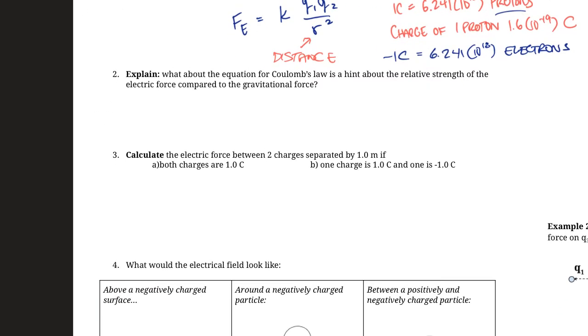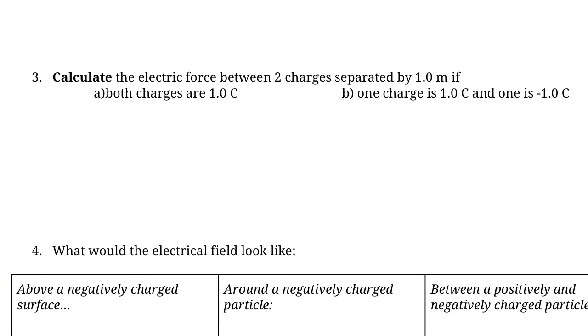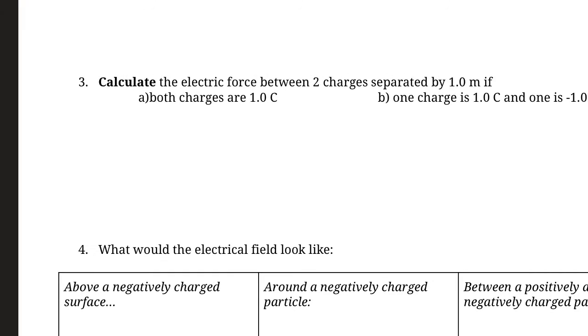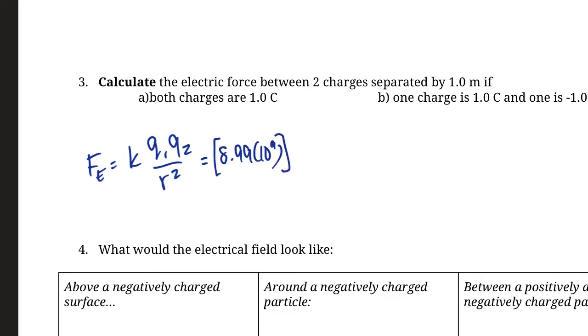If we were asked to calculate the electric force between two charges, what would it look like? If both the charges are 1 coulomb, that's not bad. Fe is equal to K Q1 Q2 over R squared. We know K is 8.99 times 10 to the 9, that's our K value.